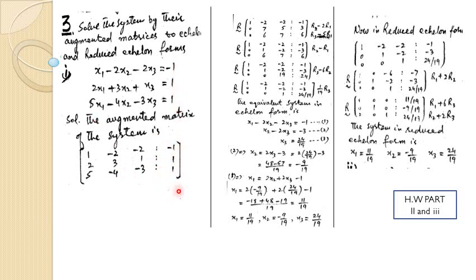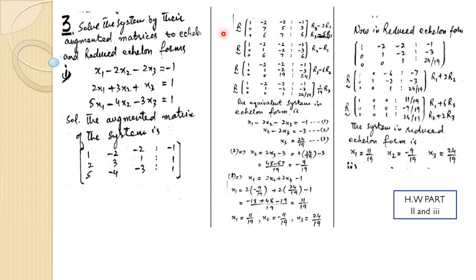So you can see that this is the augmented matrix of the system of linear equations. Again, the same thing that we discussed in previous lectures in exercise 3.4: we want to make this matrix 1, 0, 0, 0, 1, 0 and 0, 0, 1. This identity matrix we want to make. If we make it, it means that we have converted into the reduced echelon form.